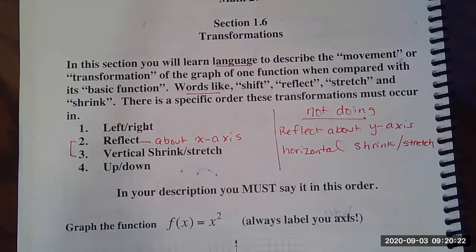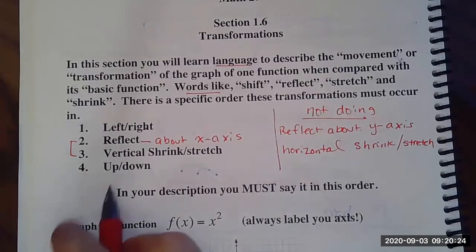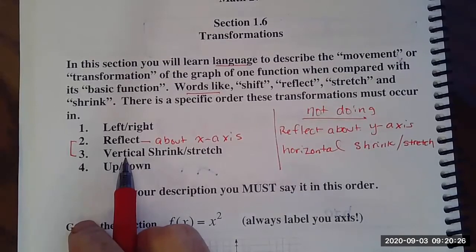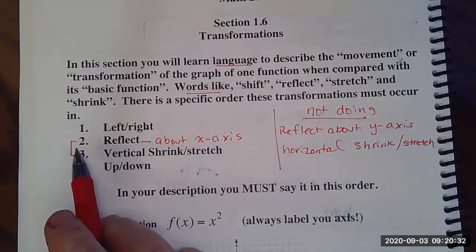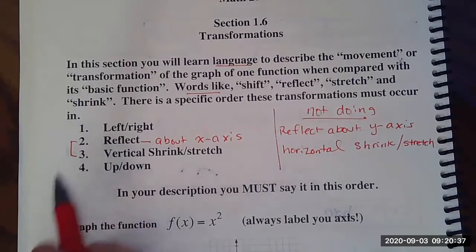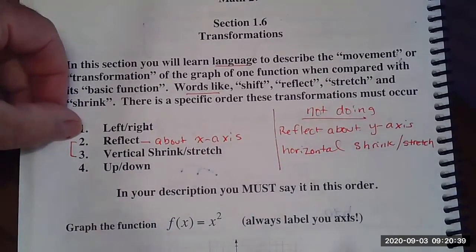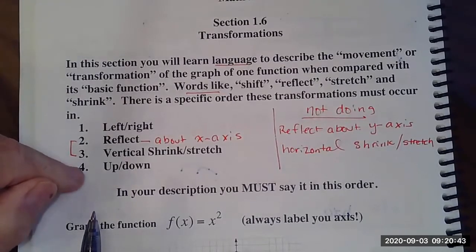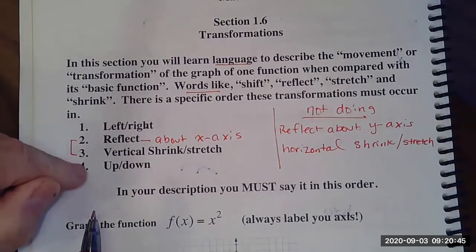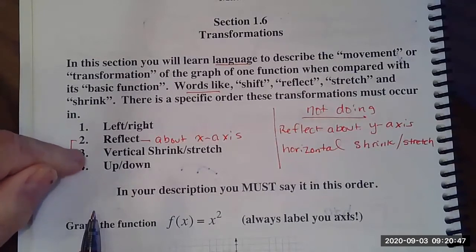To produce the graph by hand, if you did vertical stretch and shrink first, and then you do the reflect, you'll get the same picture. So if you say, Jeff, I just want to know what's first, second, third, and fourth, well, there you go. That works perfectly fine with me. Never do up, down first when there's a left, right. If there's a vertical stretch or shrink, you always do that last, always.